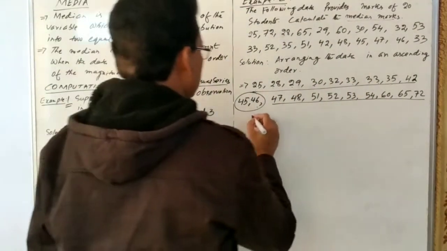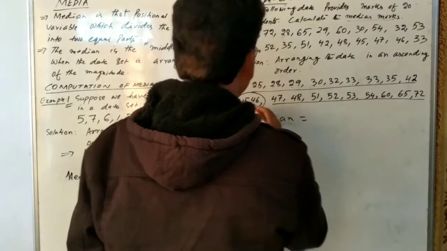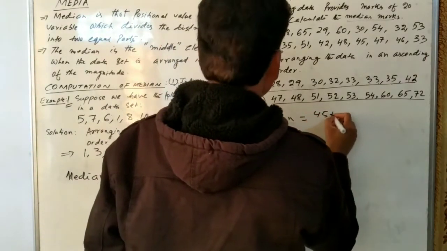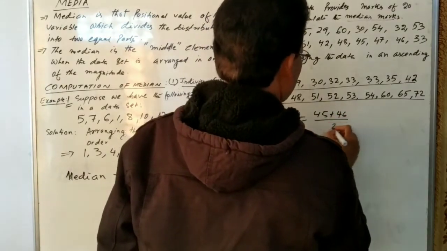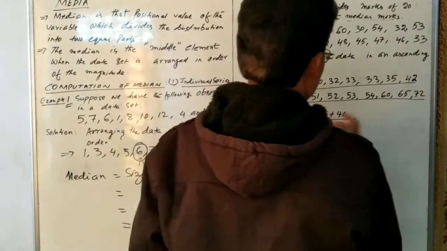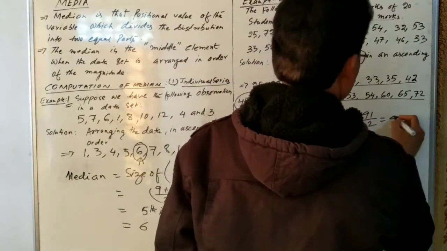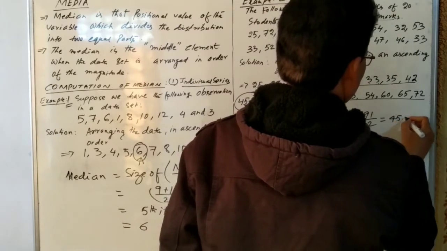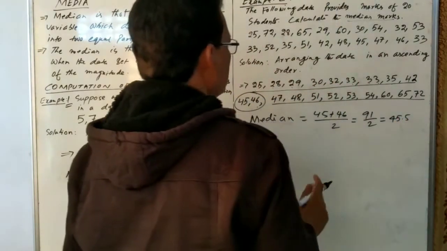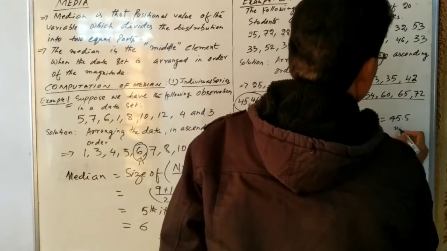So median will be equal to the middle ones, 45 plus 46 divided by 2. This is 91 divided by 2, which will be equal to 45.5. So 45.5 is the median marks.